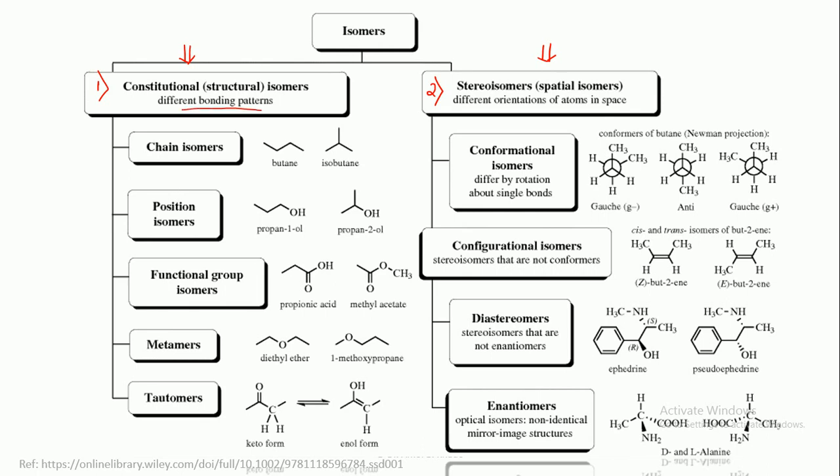These constitutional or structural isomers can again be subdivided into 5 types. The first is chain isomers, the second is position isomers, the third is functional group isomerism, the fourth is metamerism, and the fifth, which is again very important, is tautomerism; the compounds which exhibit this phenomenon are referred to as tautomers of each other.